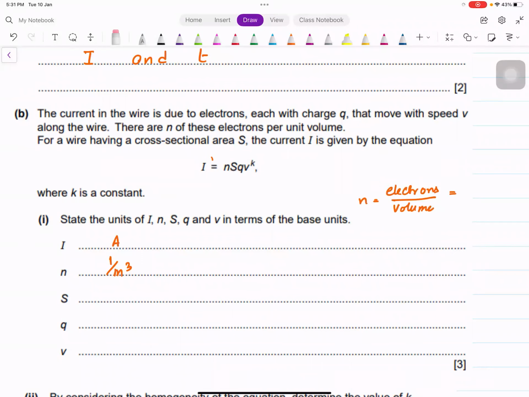Electrons have no units. Volume is meter cube, so it would be 1 upon meter cube. Area is meter square. Q is charge. Charge is current into time, which is ampere seconds. And velocity is speed, so meters per second. Okay, so now this will give us 3 marks, which is good.